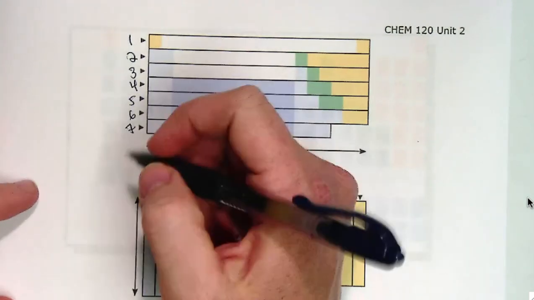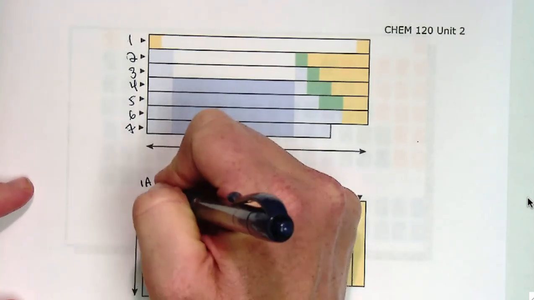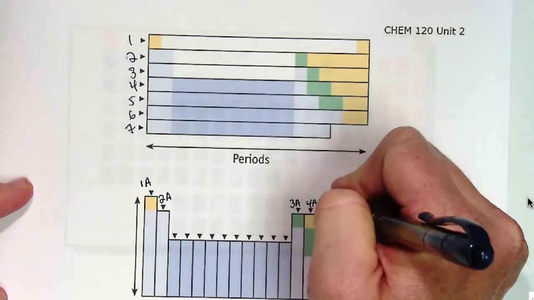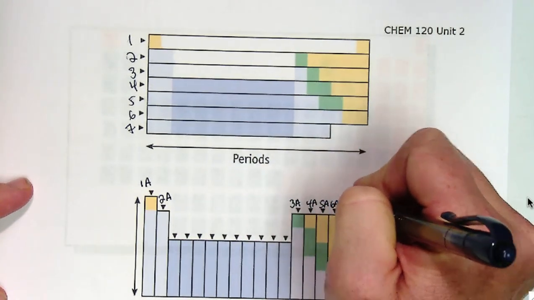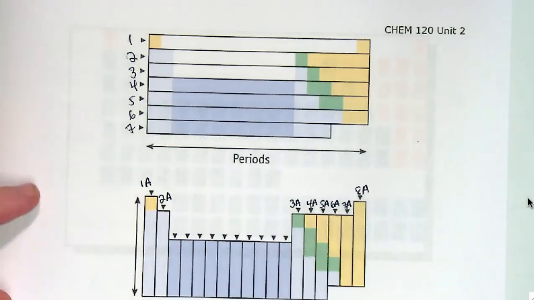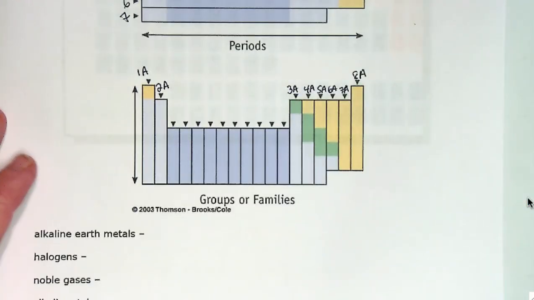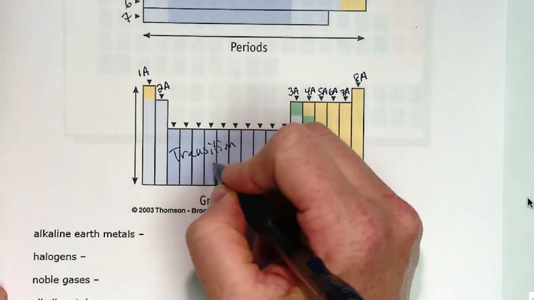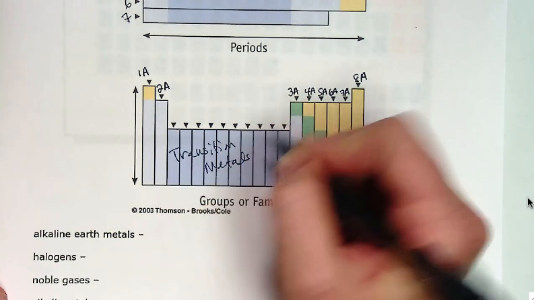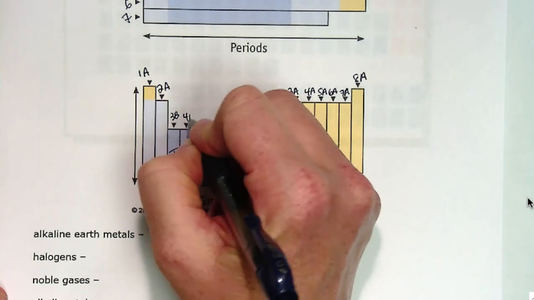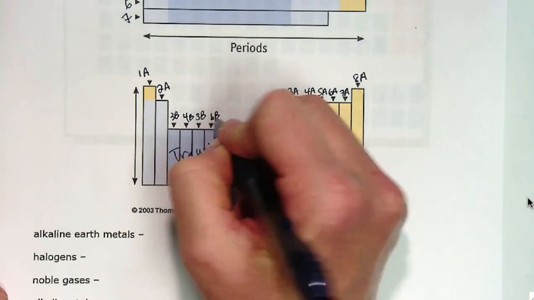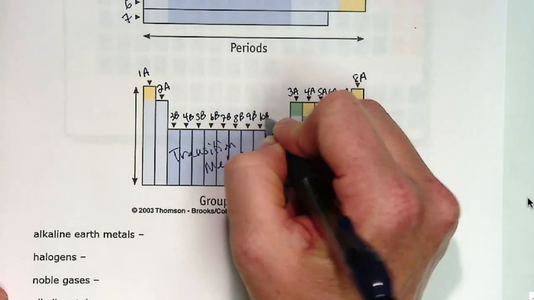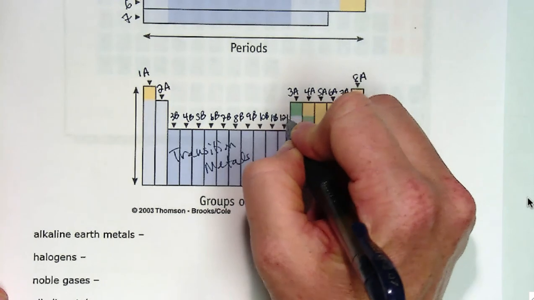So I love to have the numbering like this: 1A, 2A, 3A, 4A, 5A, 6A, 7A, 8A. And then the transition metals, which are this darker purple, 3B, 4B, 5B, 6B, 7B, 8B, 9B, 10B, 11B, 12B.